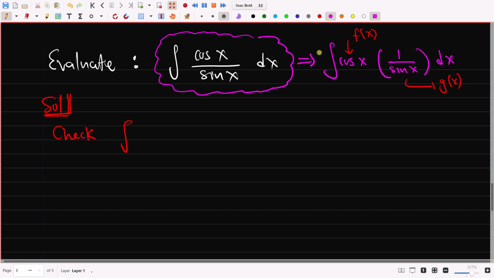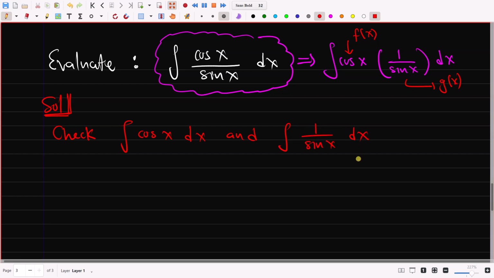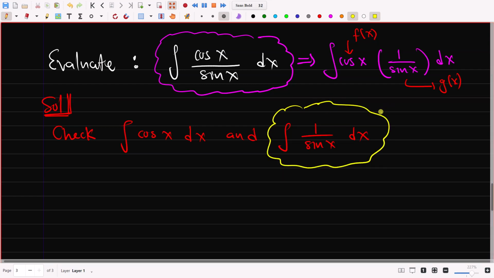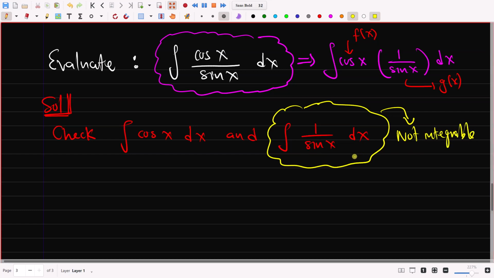So we look at those two separate integrals. We look first at the integral of cos x dx, and also we check the integral of 1 over sin x dx. If we recall from the rules, there is no rule for this integral. So this integral that we have here is not integrable, because there is no immediate rule for evaluating that. But this one, there is an immediate rule for it.